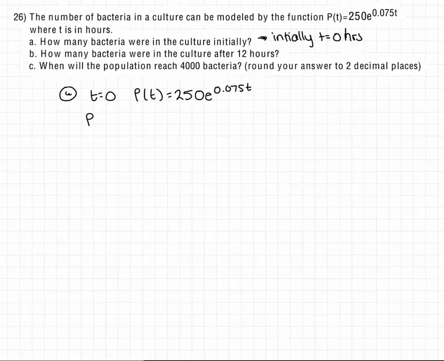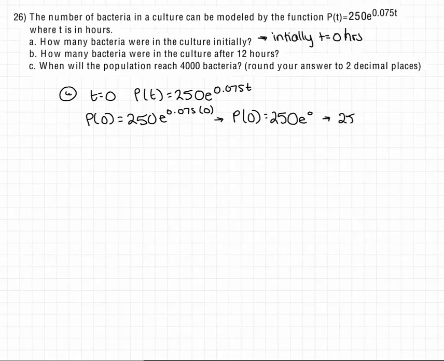So when we plug that in, p of 0, 250 e to the power of 0.075 times 0, we get p of 0 is equal to 250 e to the power of 0, which any number raised to the power of 0 is 1. So this will become 250 times 1, which gives us that there were initially 250 bacteria.